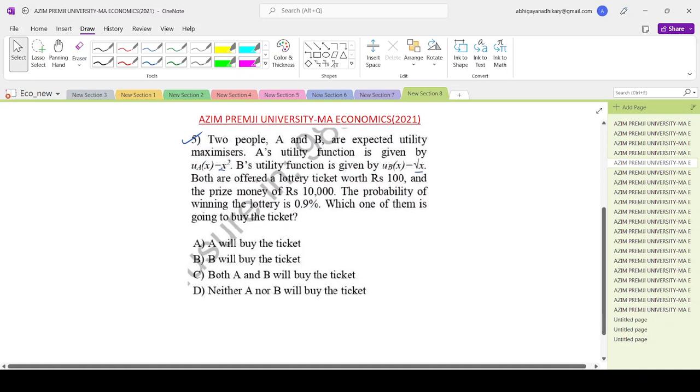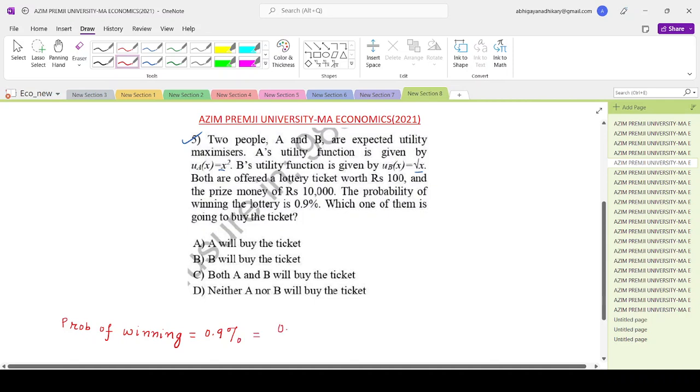Okay, so now let's have an understanding of when the agent will buy the ticket. So the probability of winning is basically 0.9%, right?